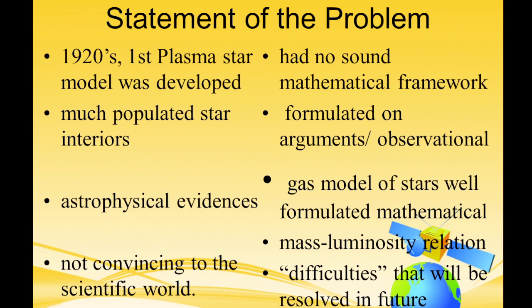Okay, so, but the gas model that was there had a well-formulated mathematical background. Okay, with the mass luminosity relation. Okay, and though the gas model could not and cannot account for some things that are observed physically.